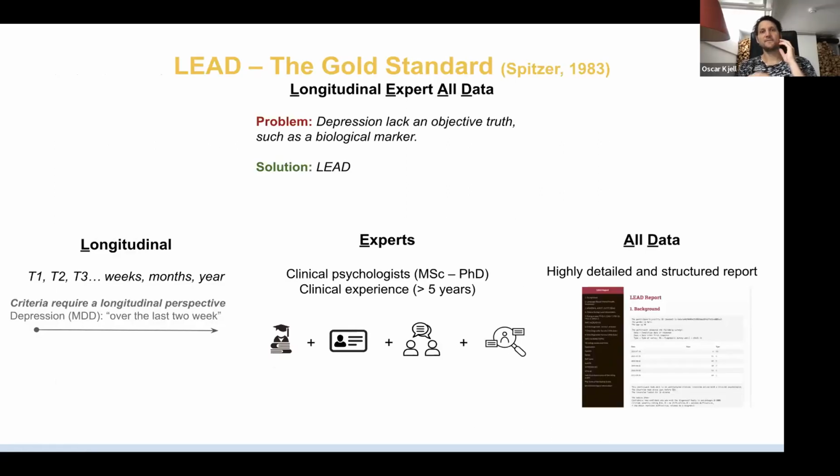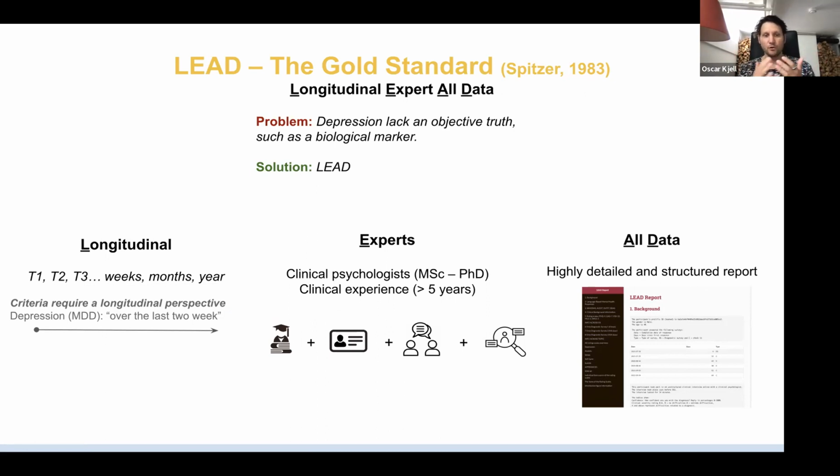And then a quite comprehensive study that we are carrying out right now is lead, which is seen as sort of the gold standard in psychiatry or clinical psychology, and it's basically a longitudinal method.